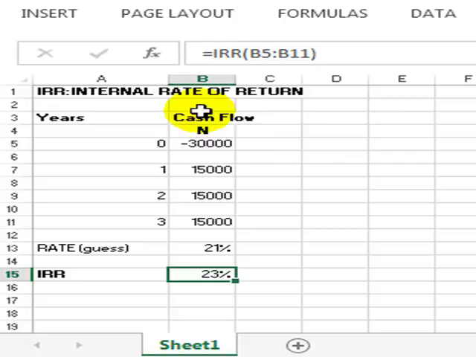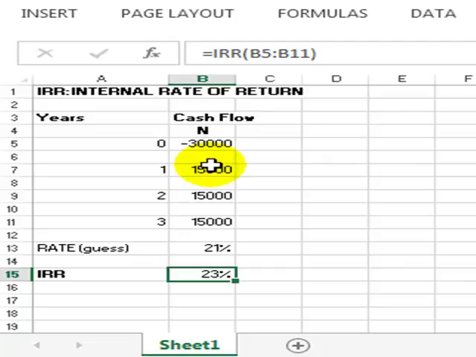If the firm wants to borrow the fund of 30,000 naira to invest into this particular project, the cost of raising such fund is 21%. Therefore, is this project economically viable? Is it advisable for the firm to invest its financial resources into this particular business project?